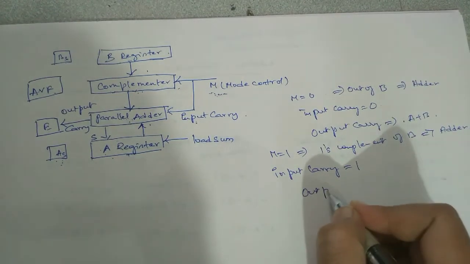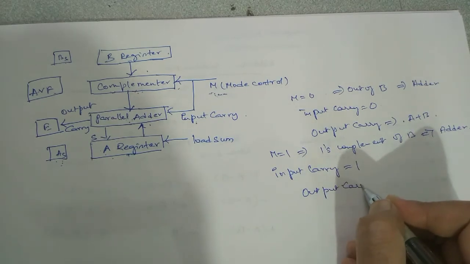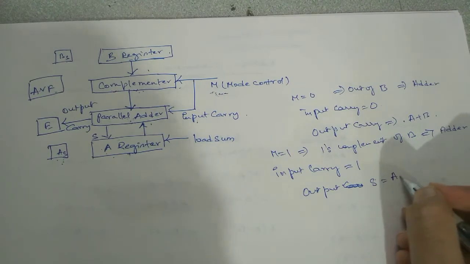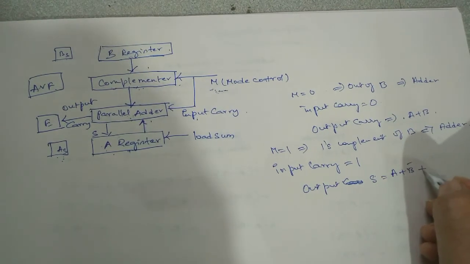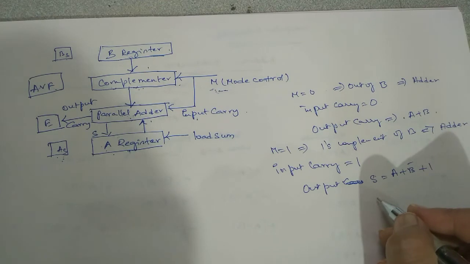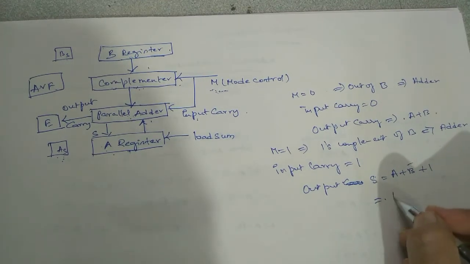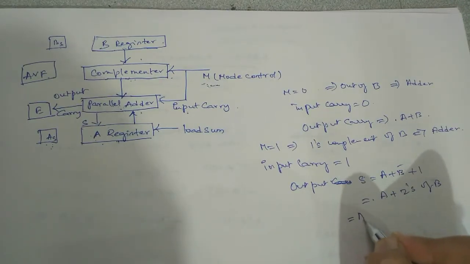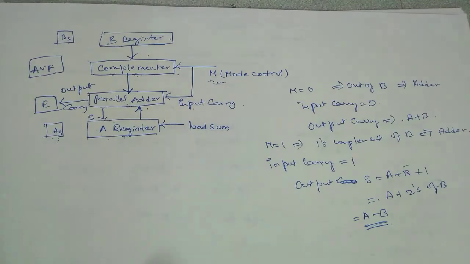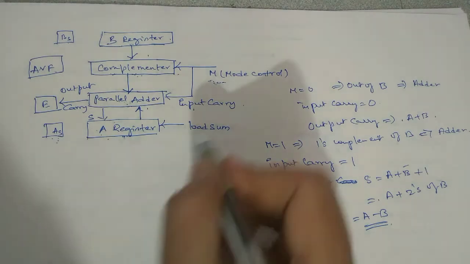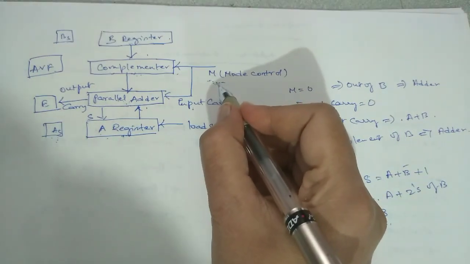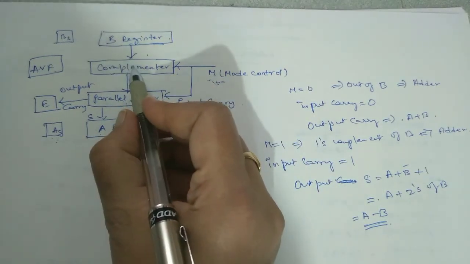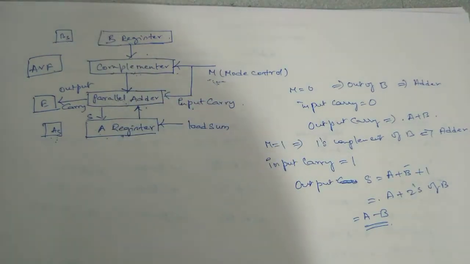The output S is equal to A plus B bar plus 1, B complement plus 1. This is nothing but A plus 2's complement of B, which is A minus B. So depending upon the mode control, add or subtract can be performed. Thank you.